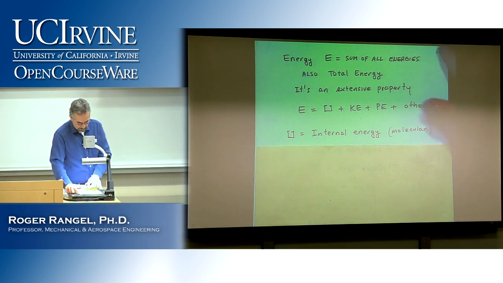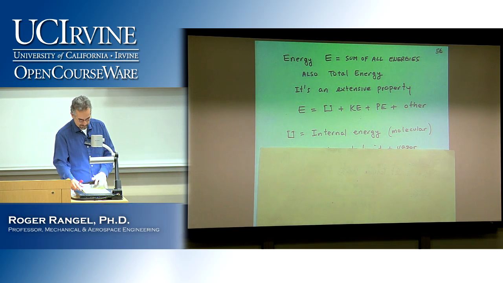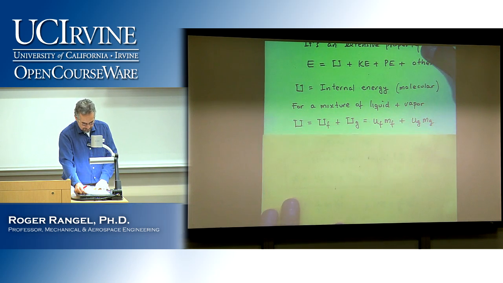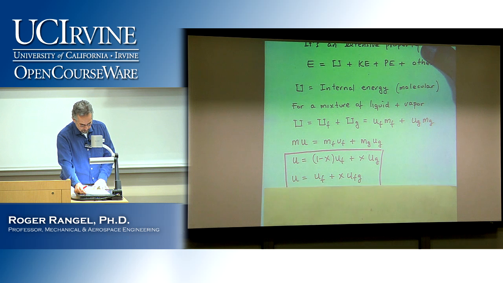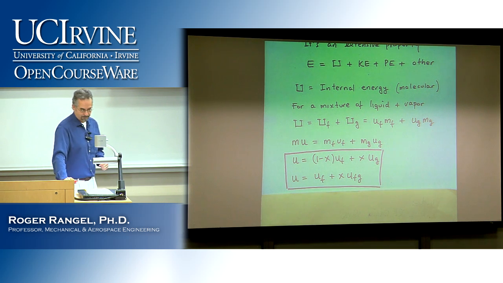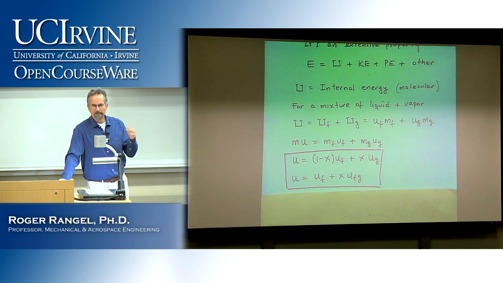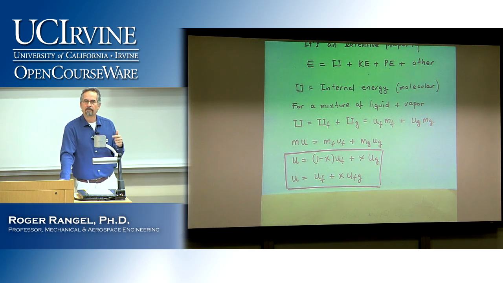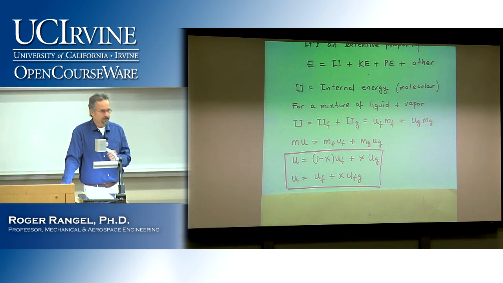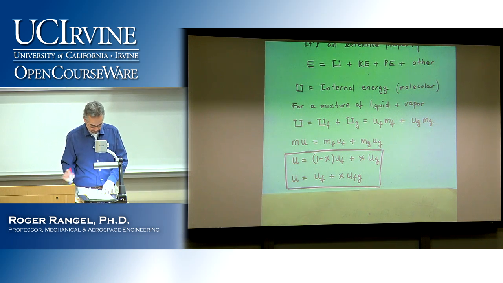All right, let's do one more thing here then. What happens if I have a mixture of liquid and vapor? Then the same rules that we use for specific volume apply. So if my system is a mixture of liquid and vapor, every calculation that we did already involving specific volume Vf and Vg can be done with internal energy.